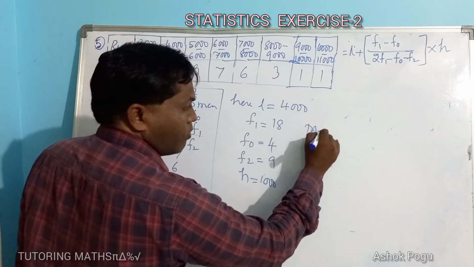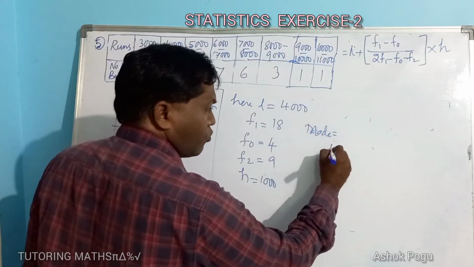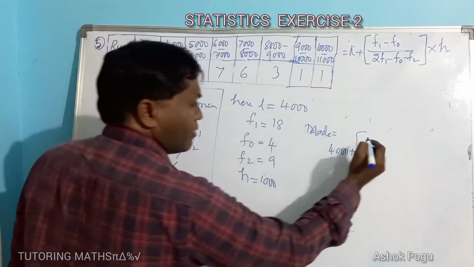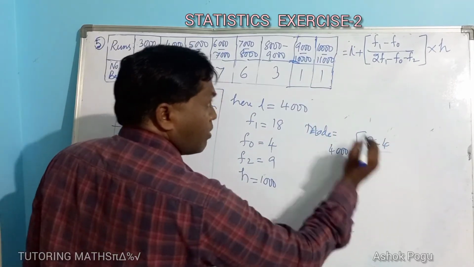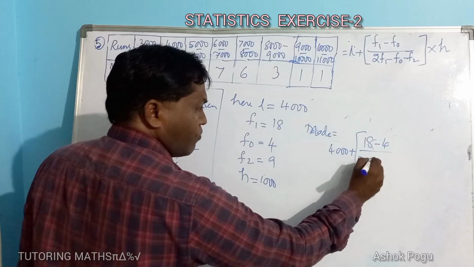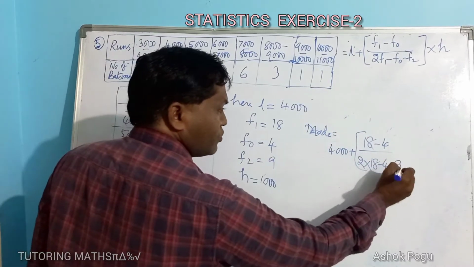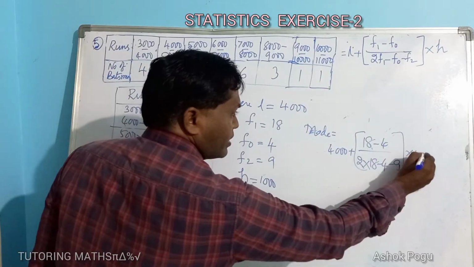So mode is equal to L, that is 4,000, plus (F1 minus F0) by (2 F1 minus F0 minus F2) into height h, that is 1,000.